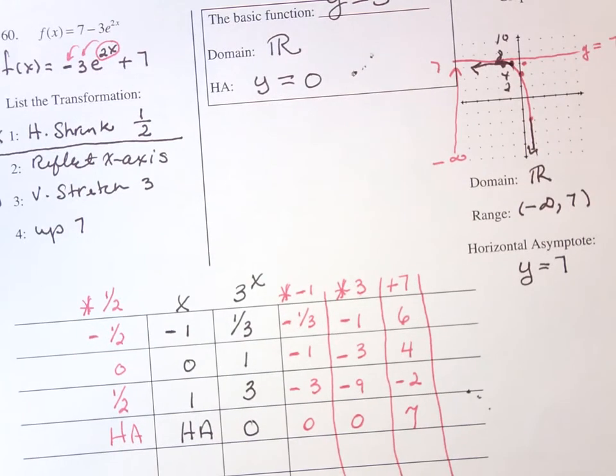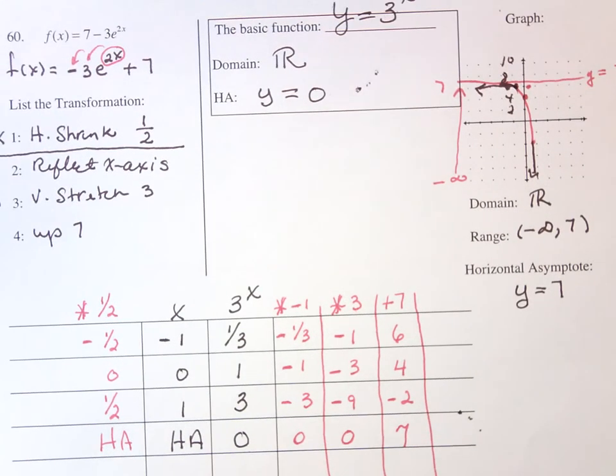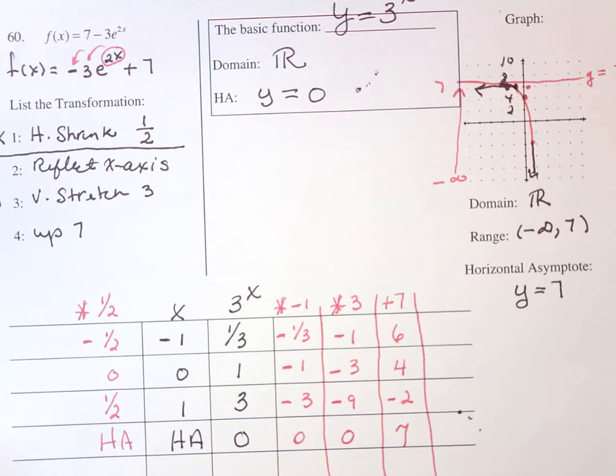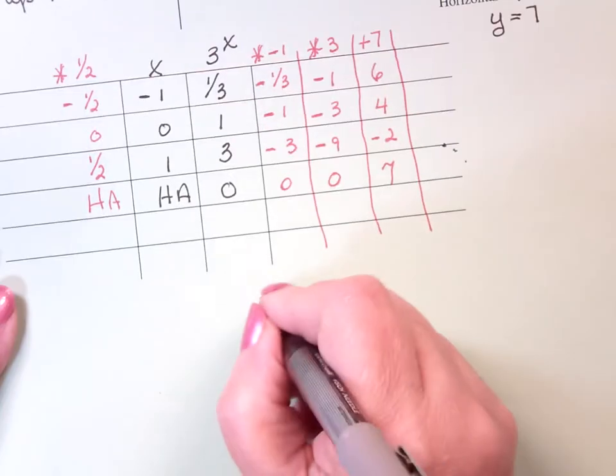Am I able to answer everything by the original function? Since I know that it's going to reflect, I know that it's going to be downward, so I already know kind of where the range is going to be. And since I know what y is, since it's +7, that's going to automatically be my horizontal asymptote. So I can automatically just go from... Well, not quite, because you're not quite sure.